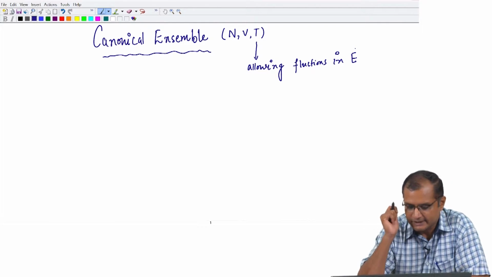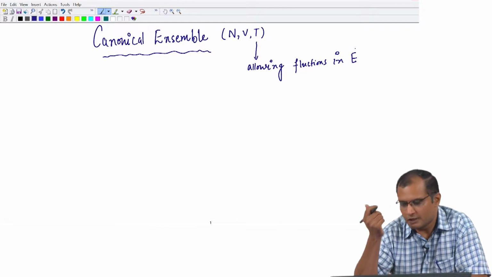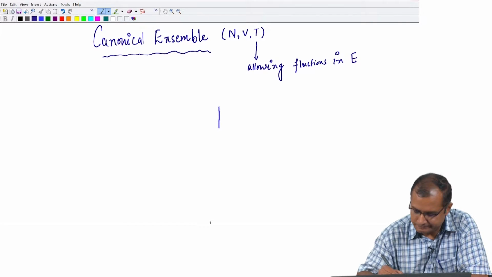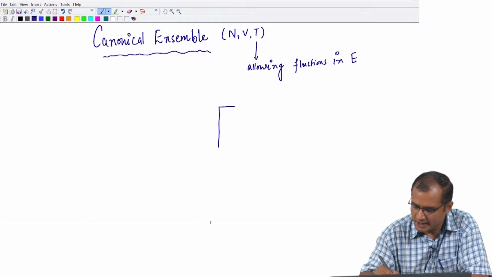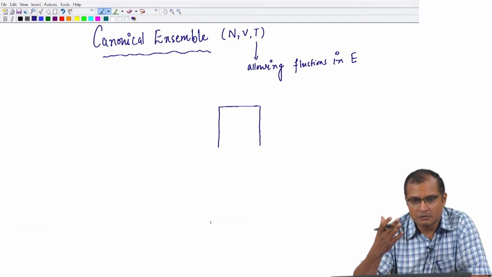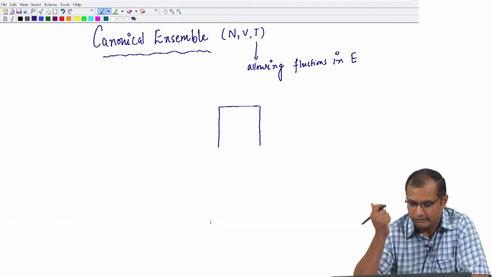And just to help you understand, I will draw a schematic diagram of a system in contact with a heat reservoir, such as this room where I am sitting and the temperature is comfortably kept to 26 degrees centigrade by the thermostat, which is the air conditioner.